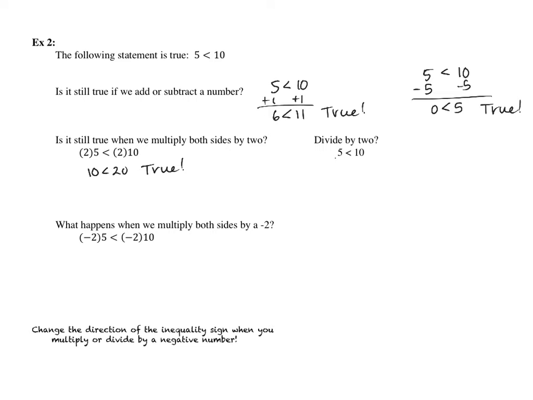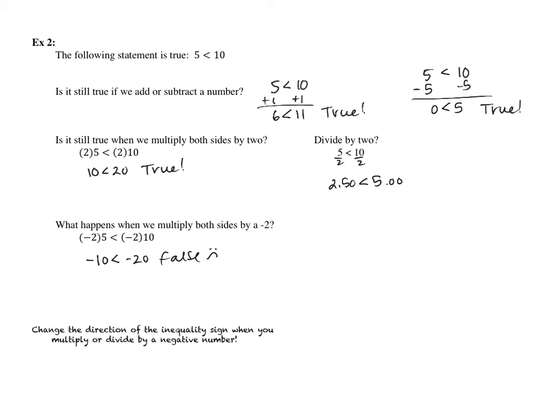I can divide by 2, $2.50, right? That's less than $5. But if you multiply or divide by a negative, it doesn't end up working out. When I multiply by a negative 2, I get something that is false. Oops.